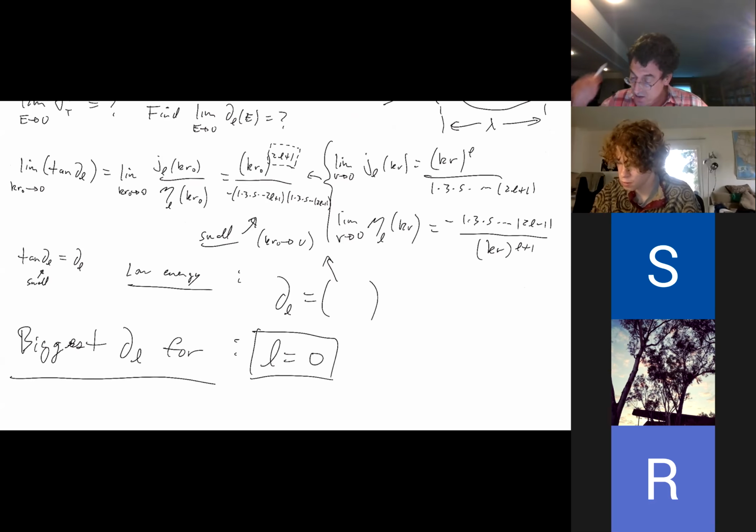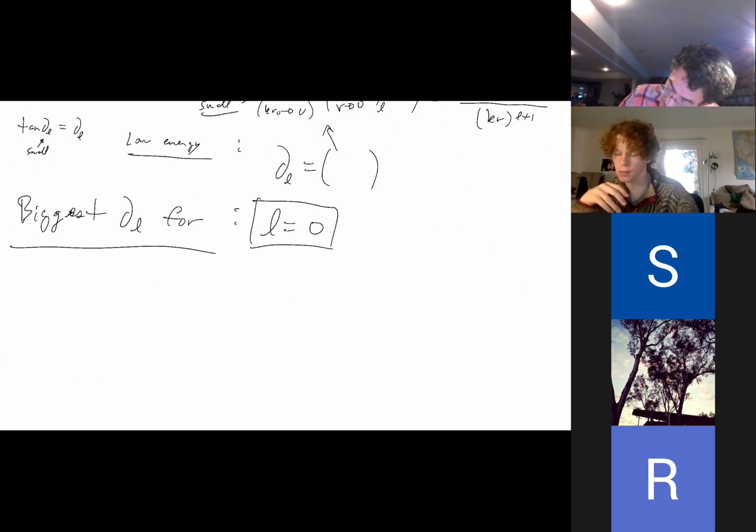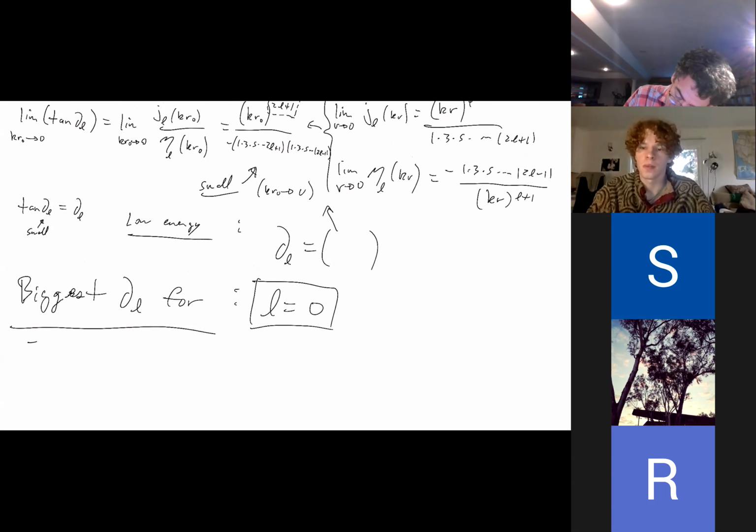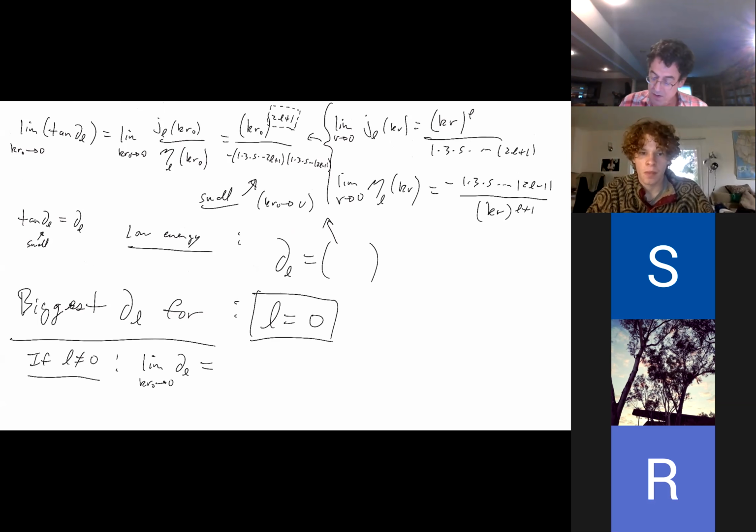That's right. Because you can see that if you look at that expression, if L does not equal 0, then the limit for kr naught goes to 0 of delta L is equal to what? Look at that expression and tell me what's the limit for L not equal to 0.